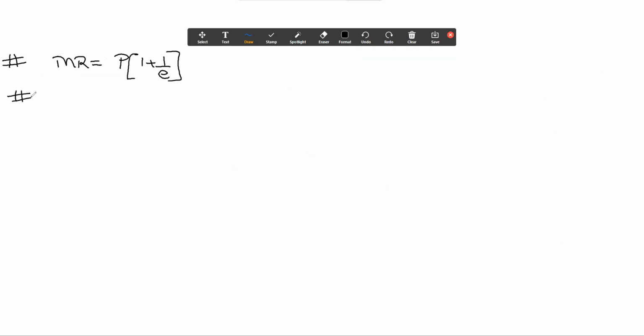My second equation is that my marginal cost, at the profit maximizing level, MC is equal to MR, which implies my MC is equal to, what is my MR?